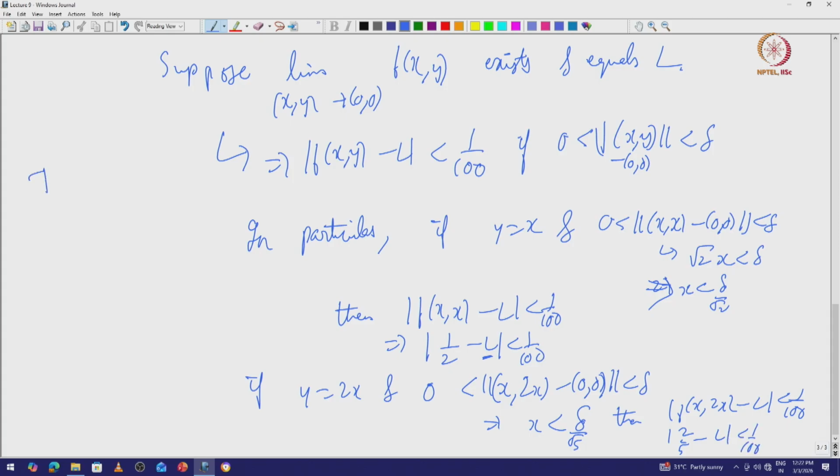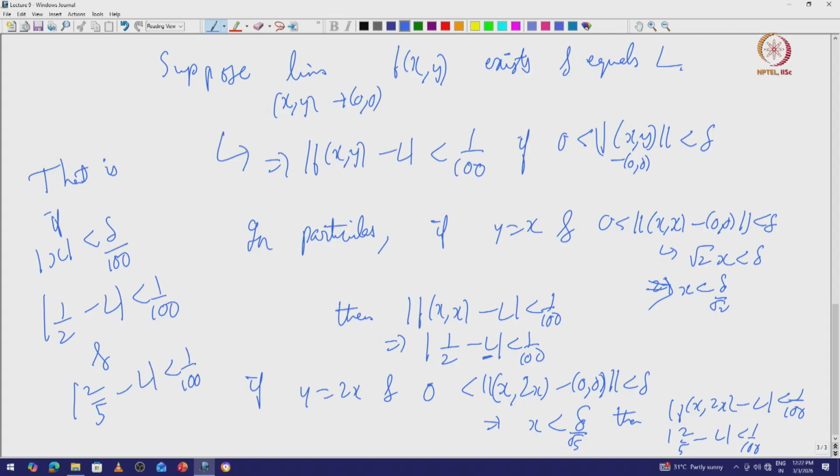So in other words, if mod x is less than delta by 100, for instance, then we can conclude two things at once: half minus L is less than 1/100, and 2/5 minus L is less than 1/100, and this is a contradiction. There's no way L can be within 1/100 of both half and 2/5. Why is that so? Well, that's just the triangle inequality, but you can also see this numerically.